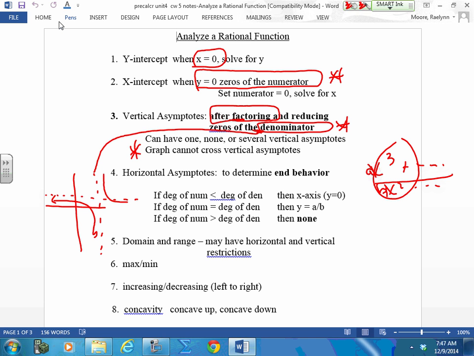We still have our domain and range. We still have our max and mins. We still have our increasing, decreasings. We still have our concavities. They work the same. Now, a graph that looks like this, say, for instance, it's going like this, this has no max or min, because it's kind of leveling out here.